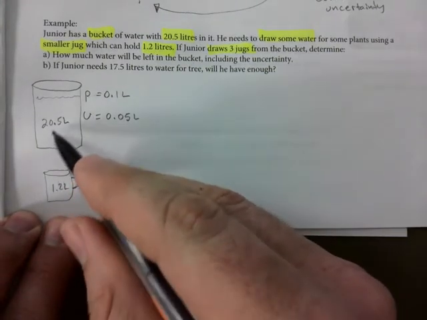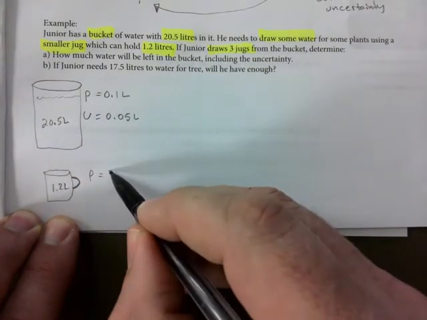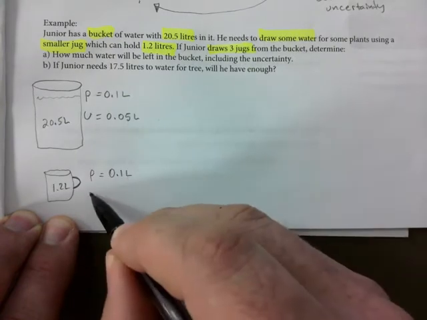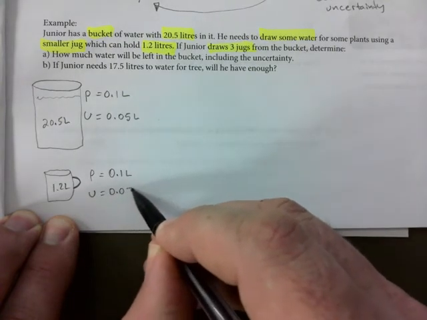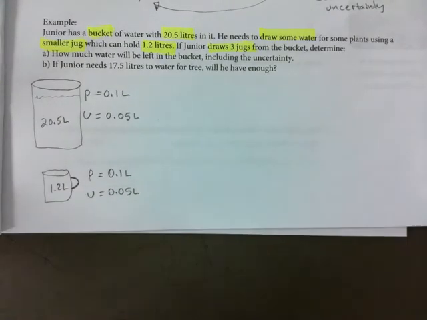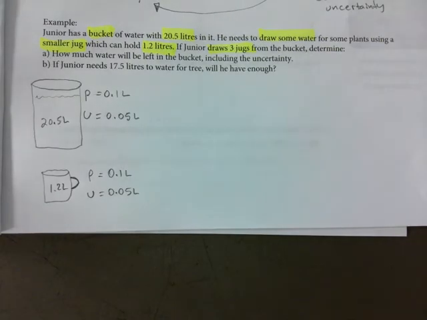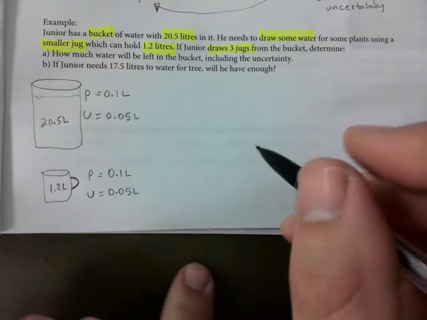Precision is the same because they both have 1, so 0.1 liter. Uncertainty is 0.05 of a liter. They happen to have the same uncertainties. I didn't want to throw in an example where they have different uncertainties. We're very happy about that, okay? It makes life a lot easier.